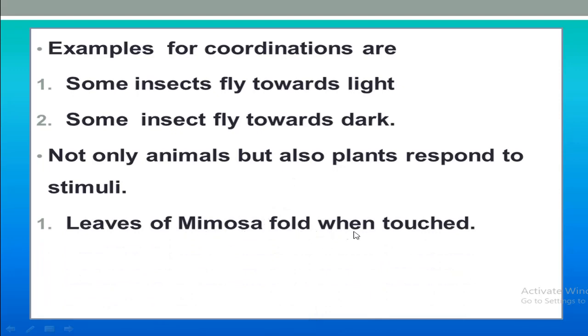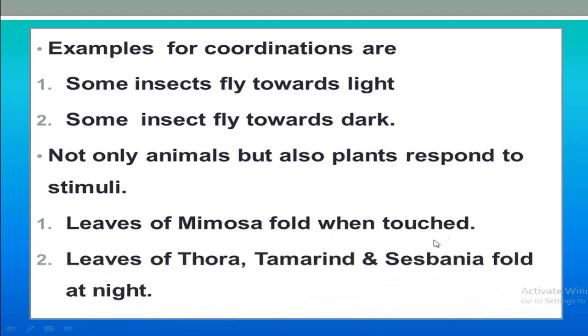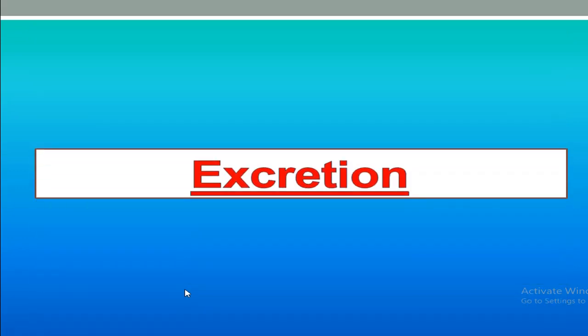Leaves of mimosa fold when touched, and leaves of tamarind and sesbania fold at night, and some plants bend towards the sunlight. Those are the examples for the coordination of the plants.